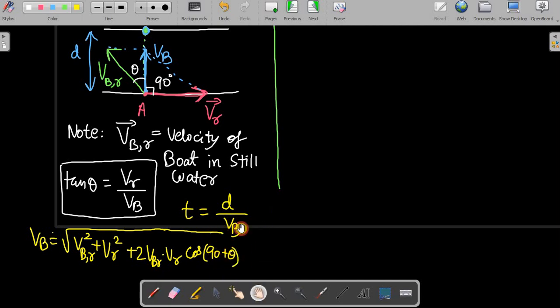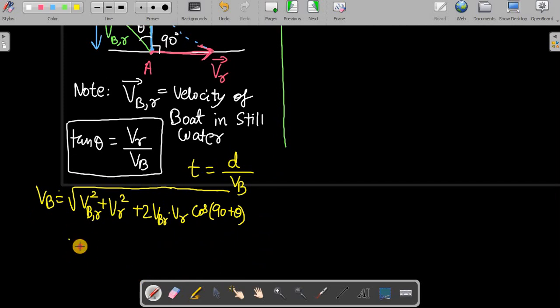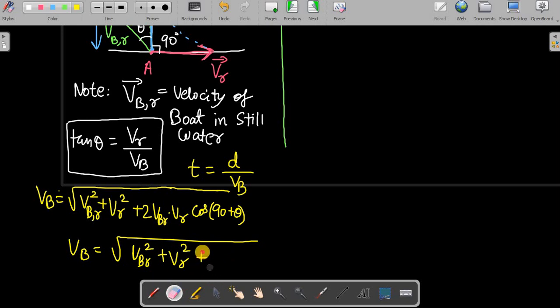Then you can transform this, right? You can write this Vb as root under Vbr square plus Vr square plus, now cos 90 plus theta becomes minus sin theta, because cos is negative there and it turns, so minus 2 Vbr into Vr sin theta.